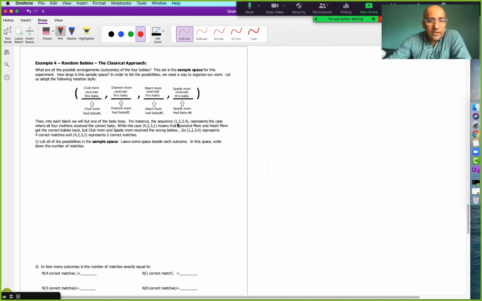When we write down the sequence 1, 2, 3, 4, I want this notation to indicate the case where all babies went to their correct space, and so this is all babies go to their correct houses.